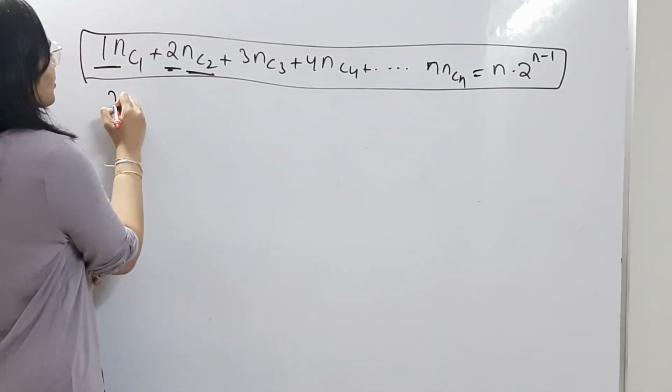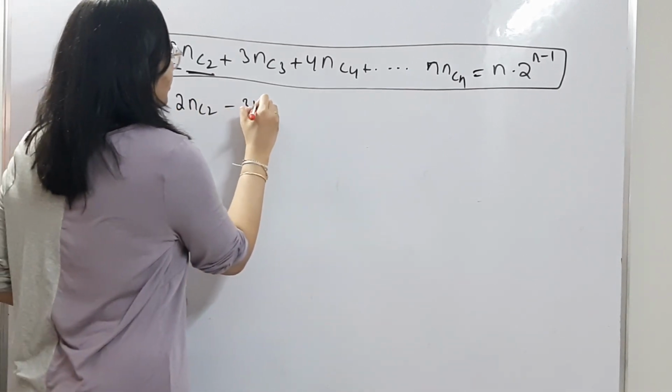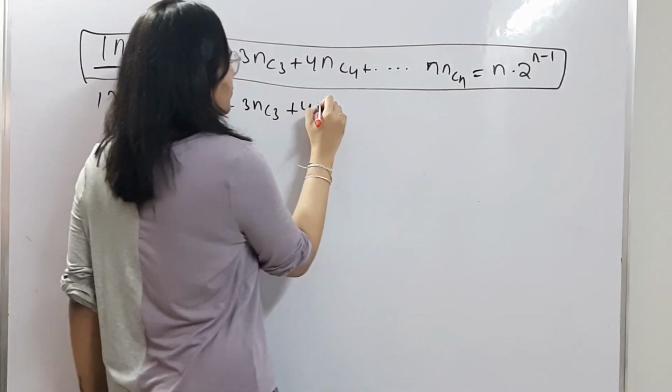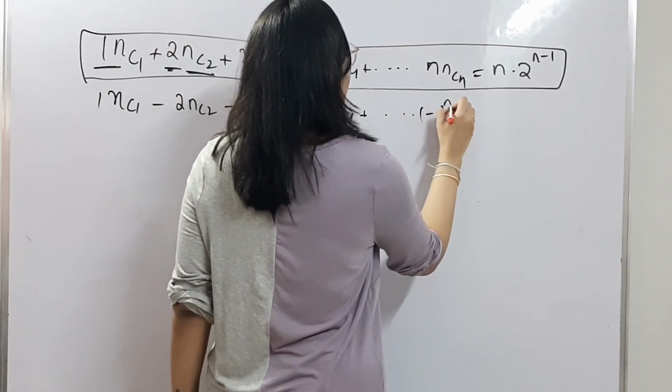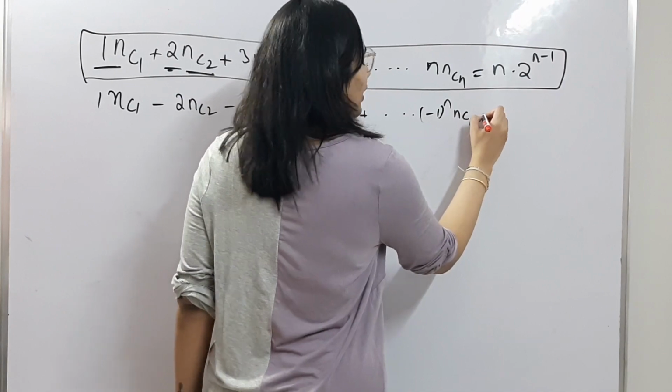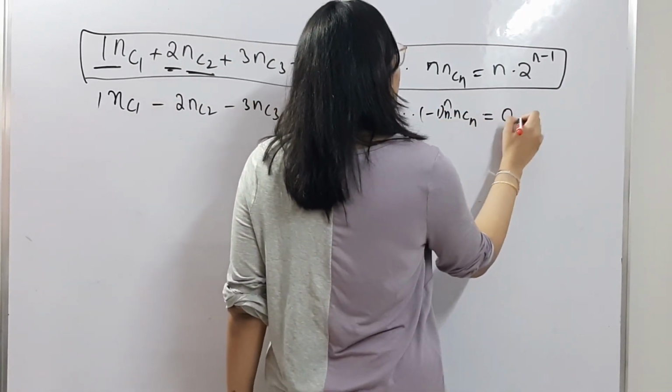Now let's see what happens if you subtract: 1 into NC1 minus 2 into NC2 plus 3 into NC3 minus 4 into NC4 and so on. So what happens if you subtract? The answer will be 0.